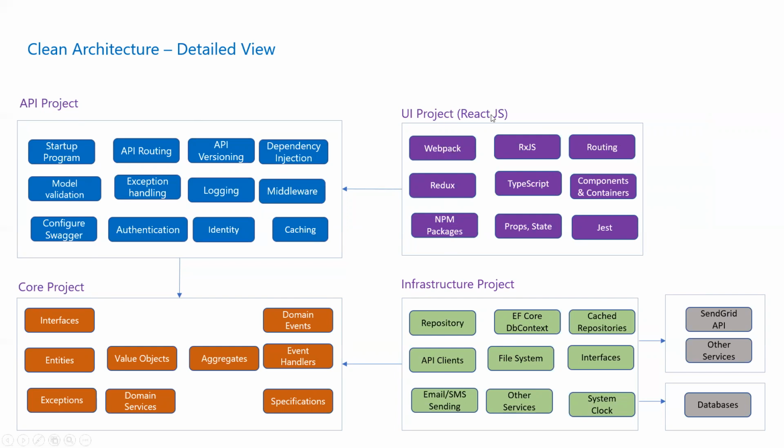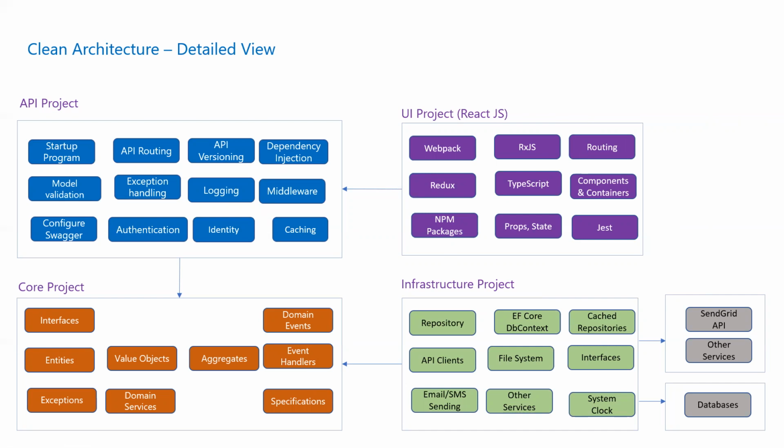So for the UI, let's say I have created my UI using React.js. I have the Webpack configuration, and then RxJS for managing the state, and the routing for application routing, the URL routing, all configured in the routing.